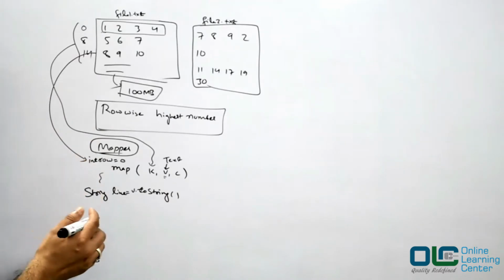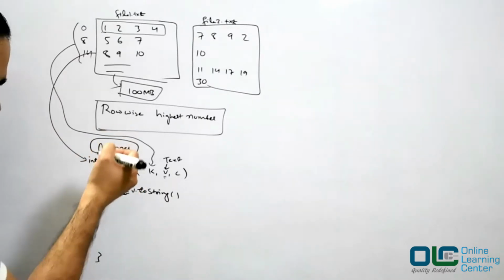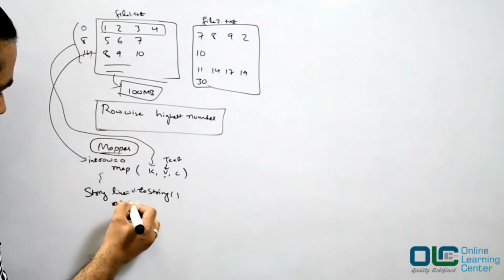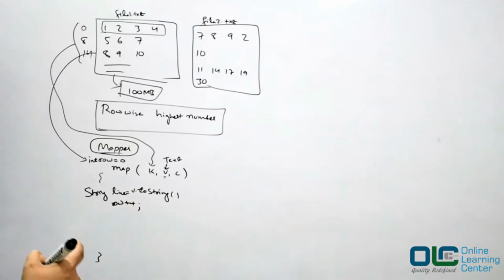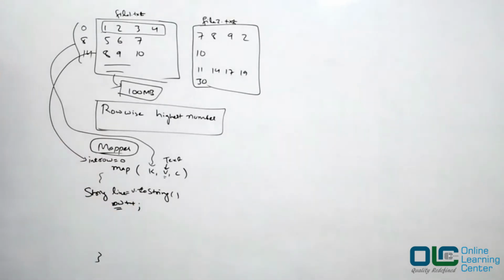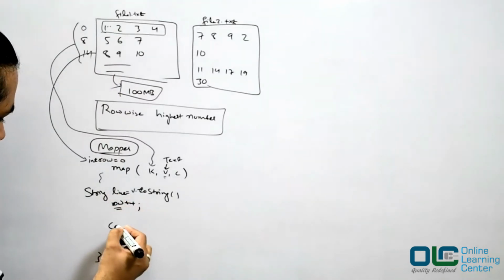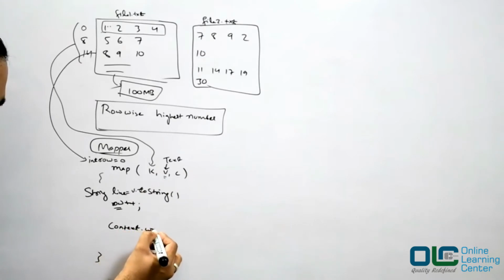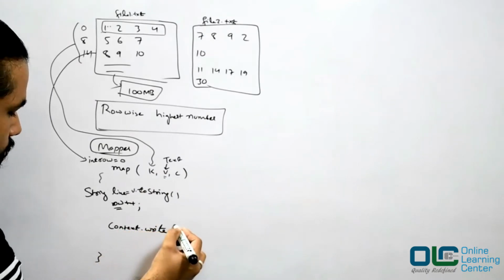So what you should do here is, whenever you are inside this map method, you will say row plus plus, which means the value of row would be incremented every time. So from here you will be able to identify that this is your row 1 data. And you will say context.write.